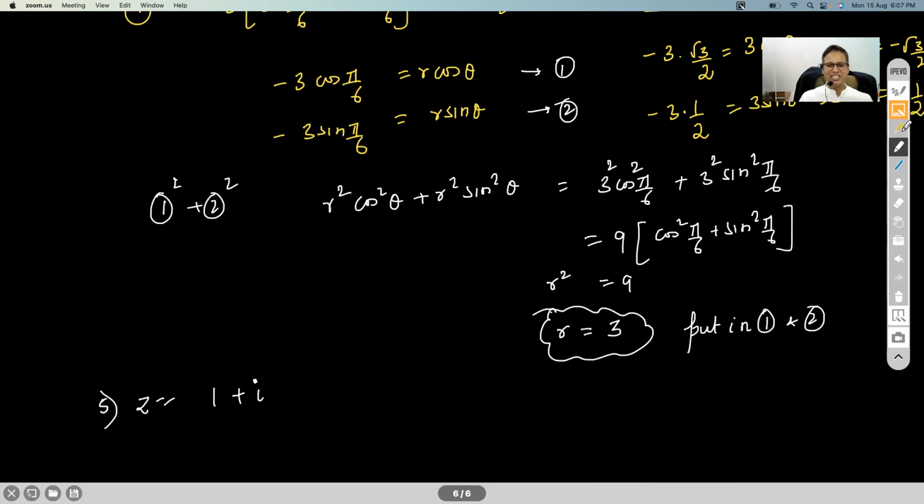If somebody is asking you to represent this in the polar form, of course, modulus is root 2 and argument is pi by 4. Do I need to show how? Modulus is root 2 and argument is pi by 4. So this represented in polar form is root 2 cis pi by 4. Is this fine? Any questions? Any concerns?